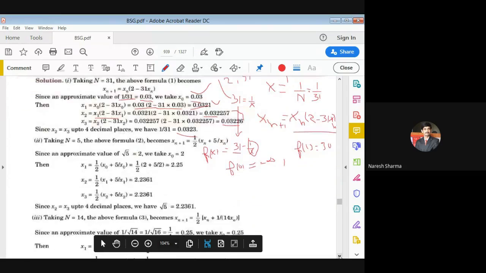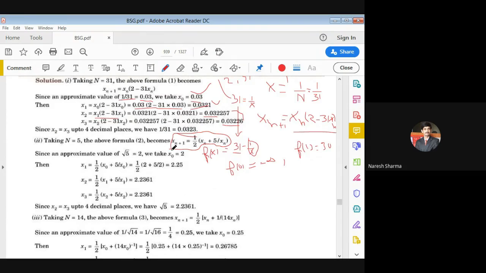And the formula we already derived for this is x n plus 1 is equal to 1 by 2 into x n plus 5 by x n. So just put x naught equal to 2 in the formula. You get the first value 2.25. Again, substitute this on the right hand side. We get 2.2361.